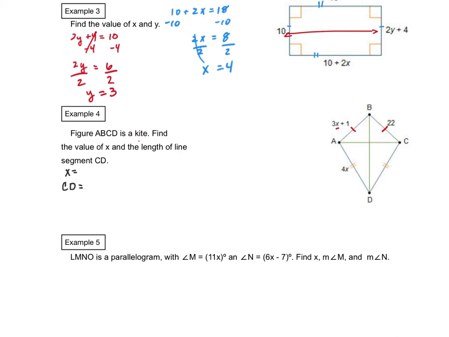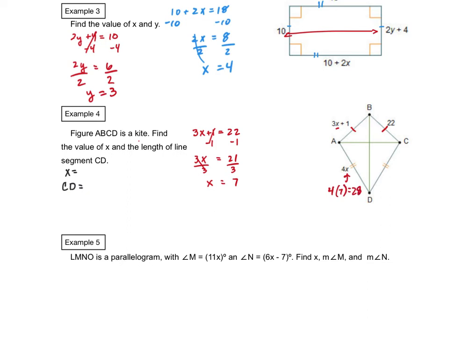So I know that 3x plus 1 is equal to 22. Now I can isolate my variable. I subtract 1 from both sides, and that will zero out, so I end up with 3x is equal to 21. Divide by the coefficient, and x is going to be equal to 7. If x is equal to 7, I can substitute that in, and 4 times 7 is equal to 28.